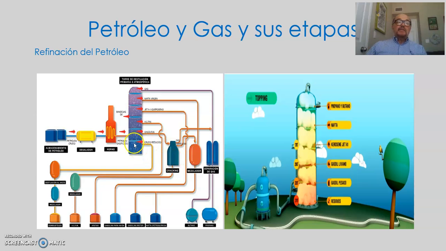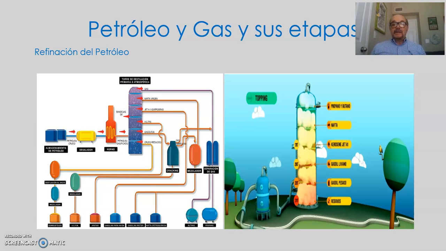And then we have what we call the reduced crude, and we get fuel oil after the mixer. So this is a brief description of the process that takes place in the refinery.